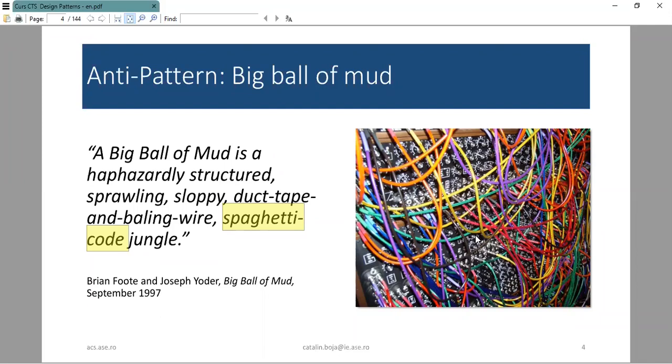So you have this spaghetti. Because you maybe don't have any rules here, the links are just mingling between them. At some point, you will lose yourself here. If you want to end a connection, you will not know which one to end because you have all these cables mixing with each other. So this is actually spaghetti code.